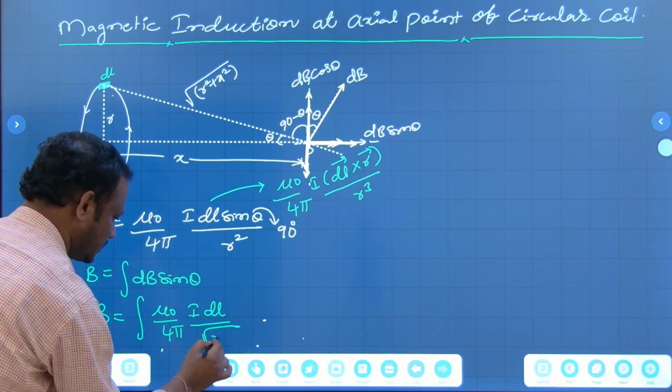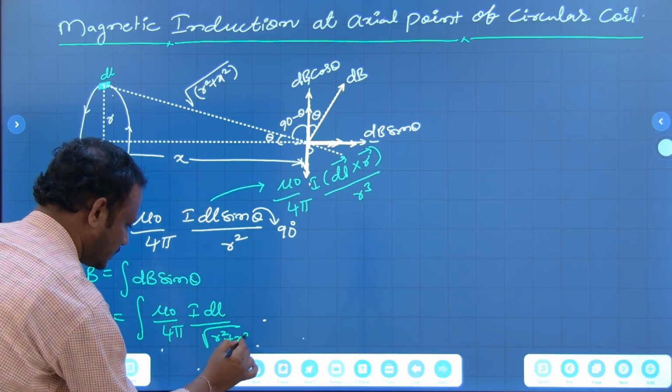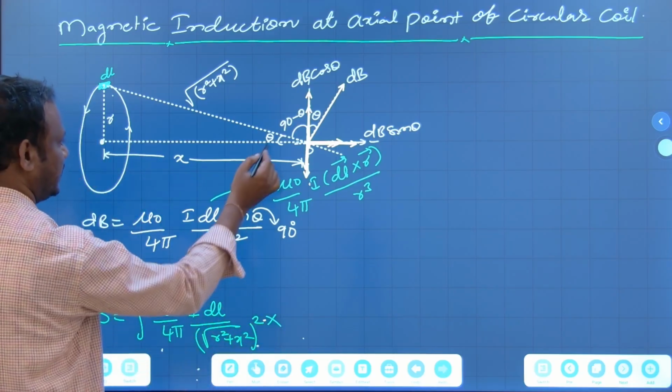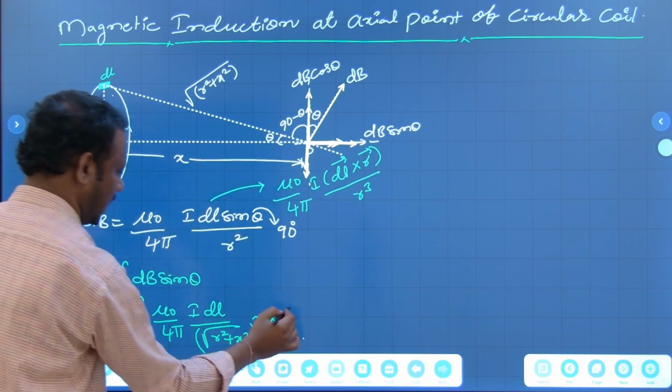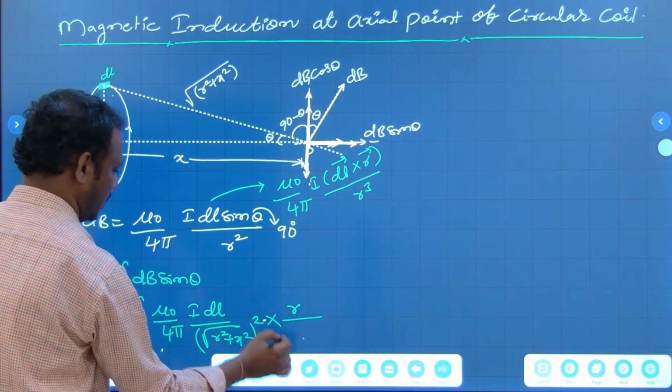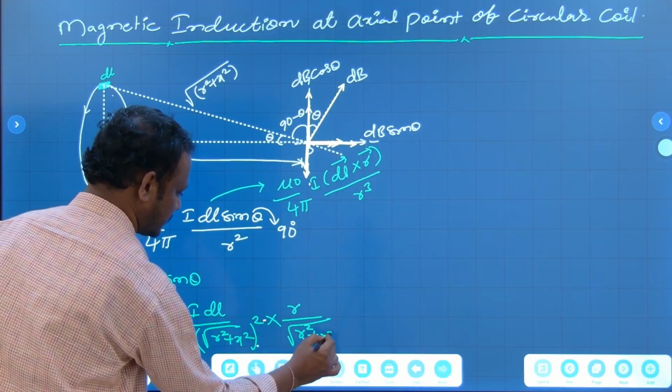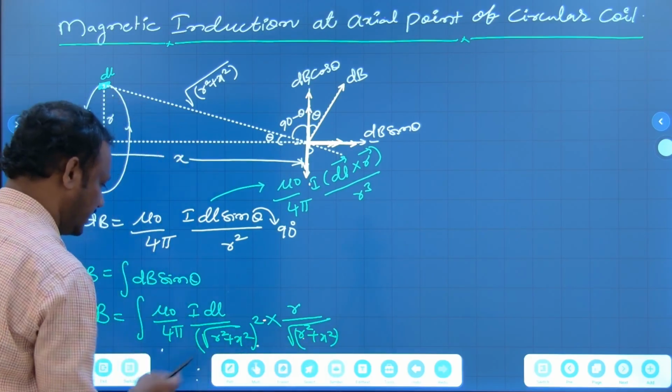So this is r square plus x square, whole squared, into sin theta. Sin theta is opposite, r, by the square root of r square plus x square. So the square and root cancel.